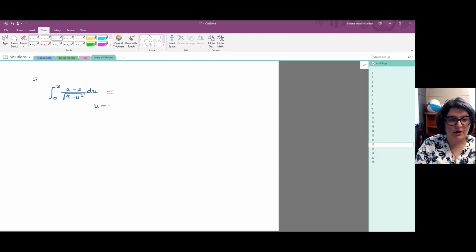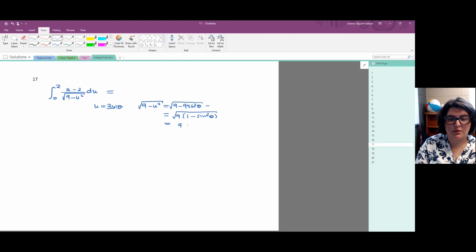It makes sense to use the substitution u equals the square root of 9, so that's 3 times the sine of theta. That way, the root of 9 minus u squared becomes the root of 9 minus 9 sine squared of theta. That's 9 multiplied by 1 minus sine squared of theta.